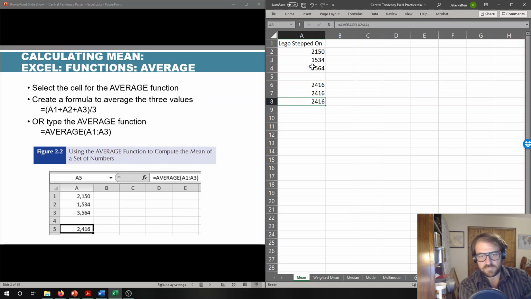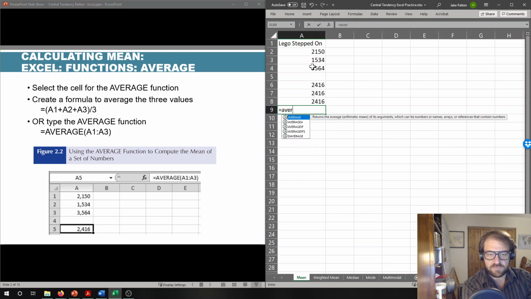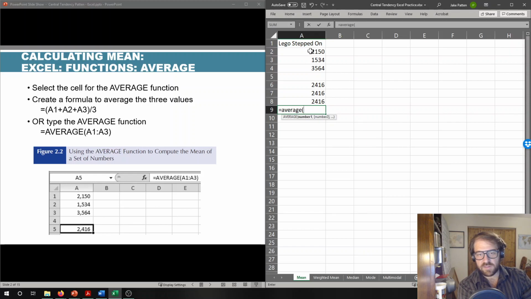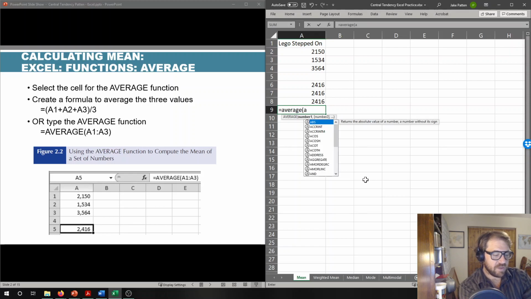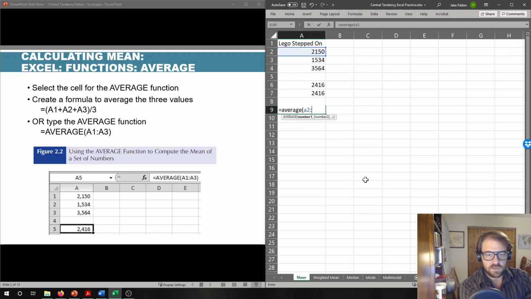Now, I want to show you also what I did here for the one just above this: average, open parenthesis, and then I selected these 3 numbers here with my mouse. I don't have to do that. I can also type in A2 colon A4. Now, the colon means through.